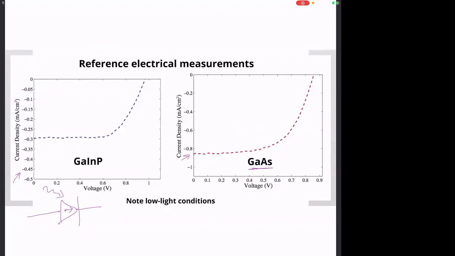But if you look here, the open circuit voltage, which is the voltage when the current goes to 0, is close to 1, whereas here it's close to 0.85. So you can see the gallium indium phosphide has a higher open circuit voltage than gallium arsenide, as expected, because this has a higher band gap, right?